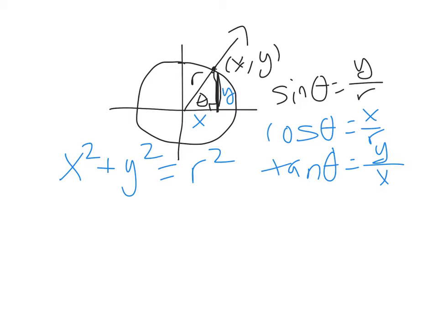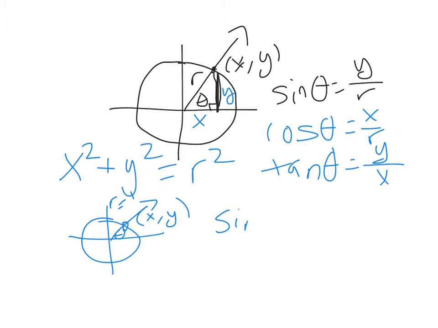So if we're talking about the unit circle, where r is 1, then I'm going to put my little angle here, and we can say that sine of theta, which is y over r, would just be y, and cosine of theta, which is x over r, would just be x, and tangent, of course, would still be y over x.